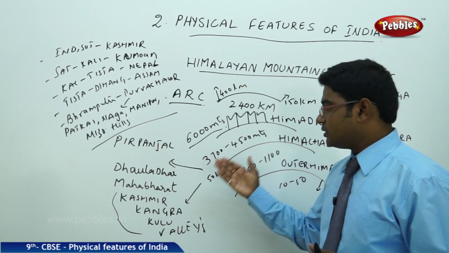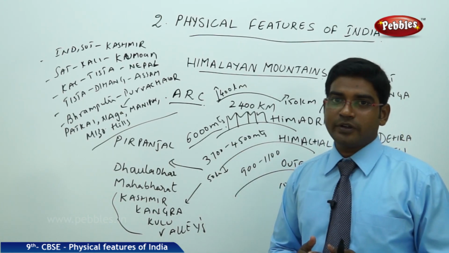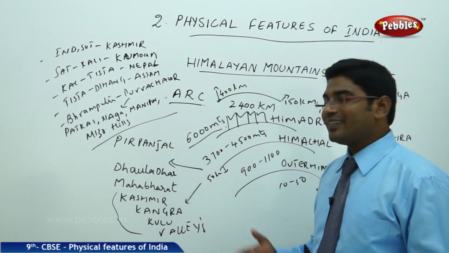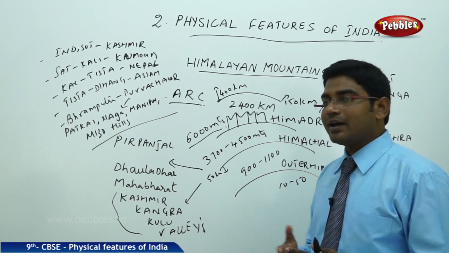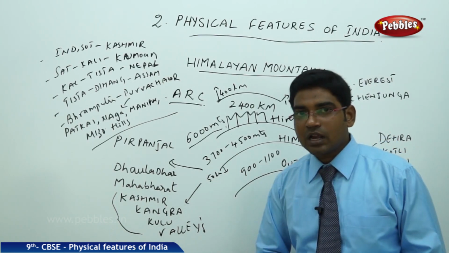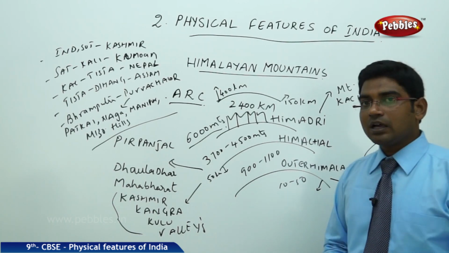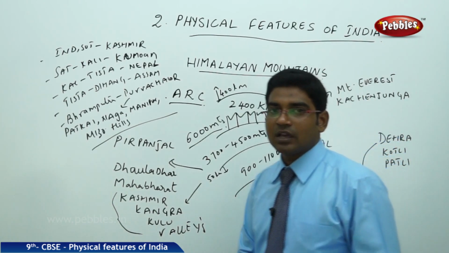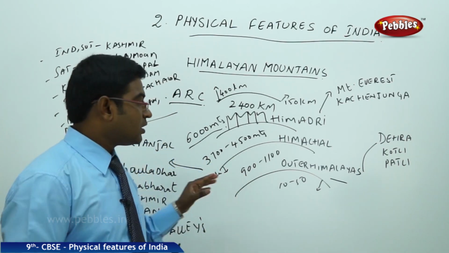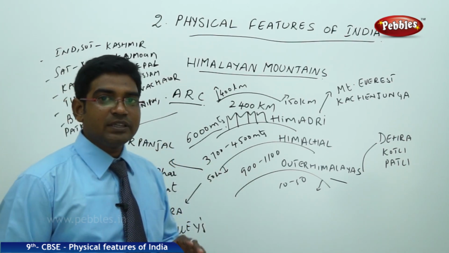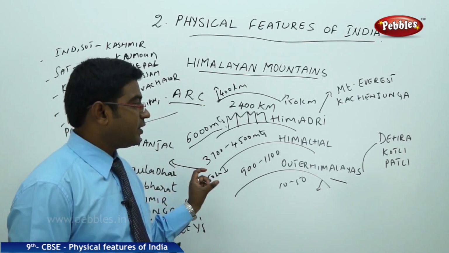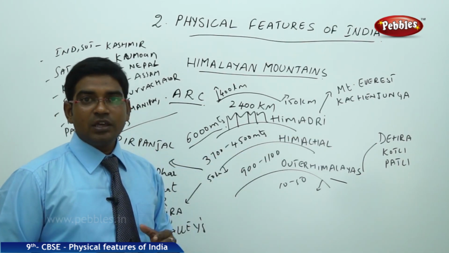We find here different ranges of mountains also, starting with the Pir Panjal range, the Dauladhar range and the Mahabharat range, which are the famous ranges, while the Kashmir, Kangra and Kulu valleys are the most scenic beauties of this region. And moving towards the width, here we have 50 kilometers of width in the Himachal region.